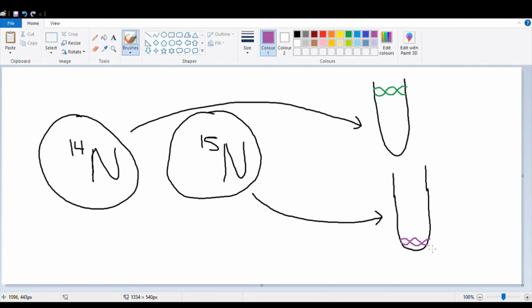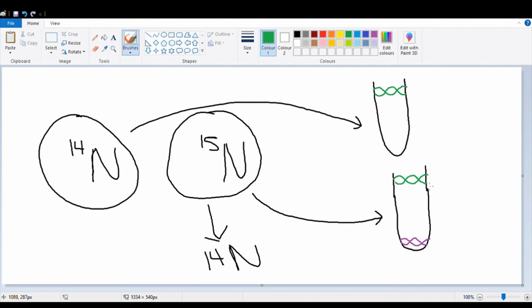Now, if conservative replication were true, when they then took this 15N DNA sample and transferred it onto a 14N sample, they would have expected that after another round of DNA replication, their results would look something like this, and there would be a heavy band and a light band.